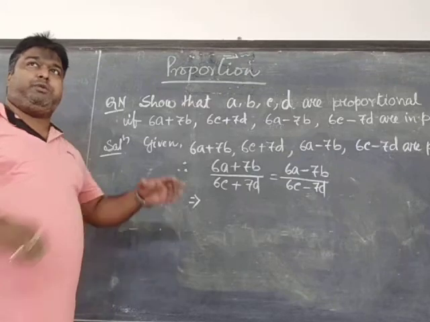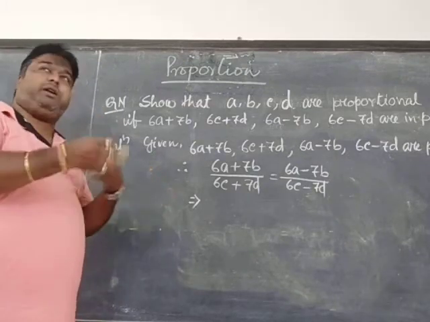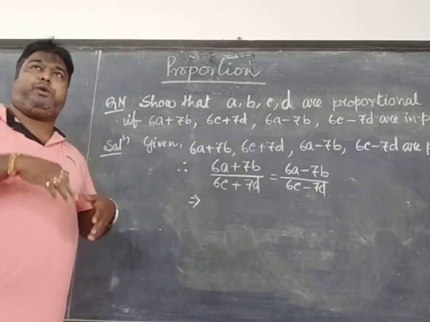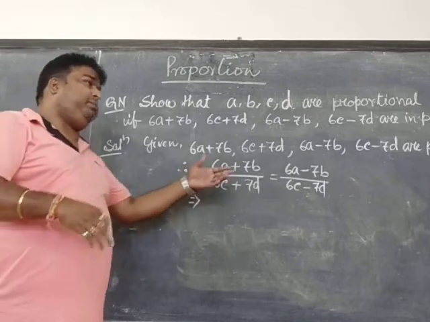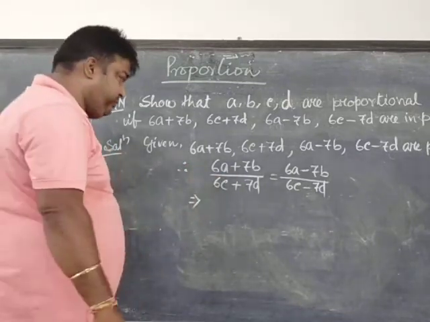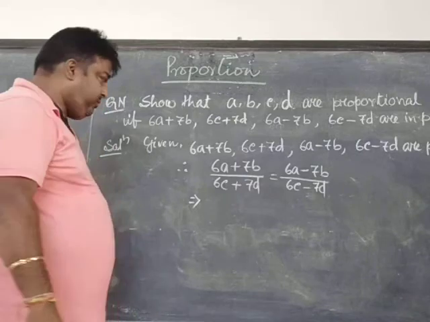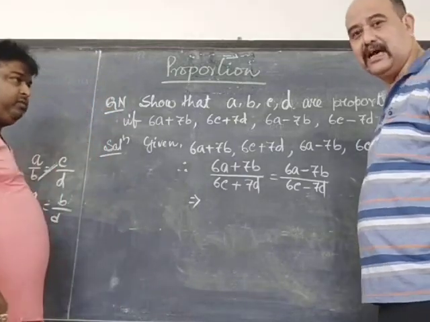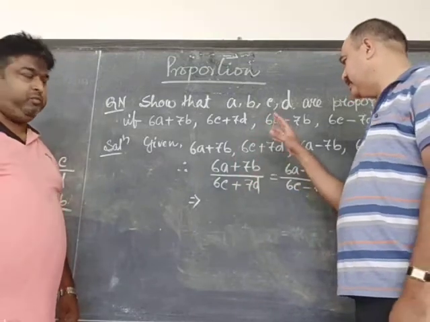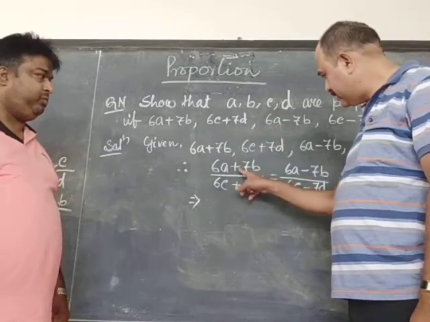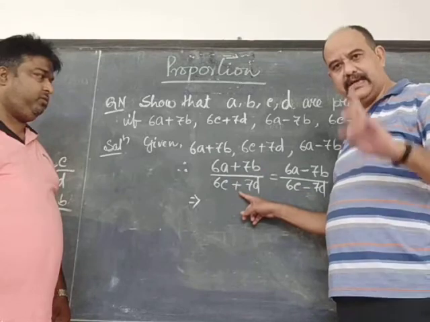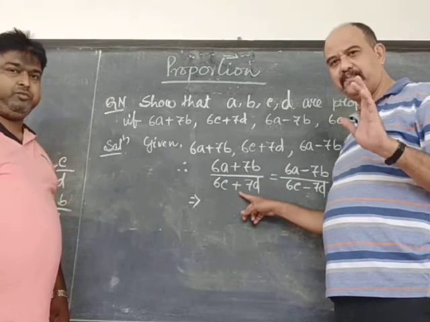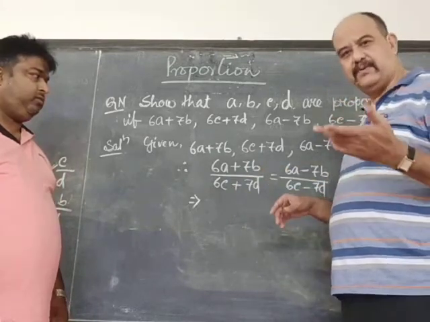Because furthermore, when we apply the next property, componendo dividendo, it will be easier for us. So students, we have to be careful. What Sir is saying is that when you proceed with the sum, whatever way it is arranged, the variables in your antecedent and consequent must be the same, irrespective of the sign.